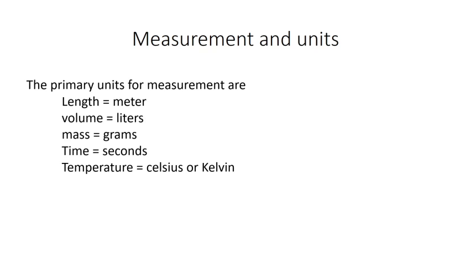So for length, the standard unit is meters, volume, liters, mass, grams, although a lot of times in physics we will actually be working with kilograms, time in seconds, and temperature in Celsius or Kelvin, though primarily in Celsius for this class.